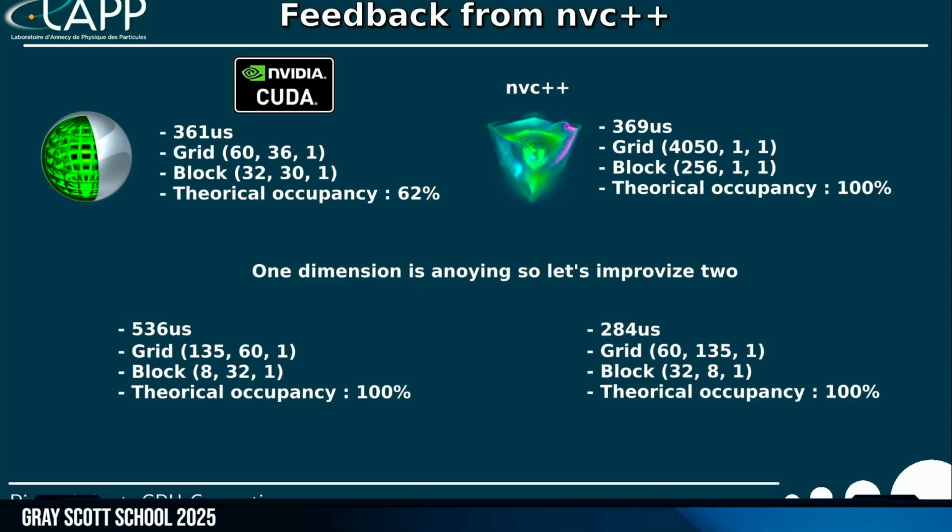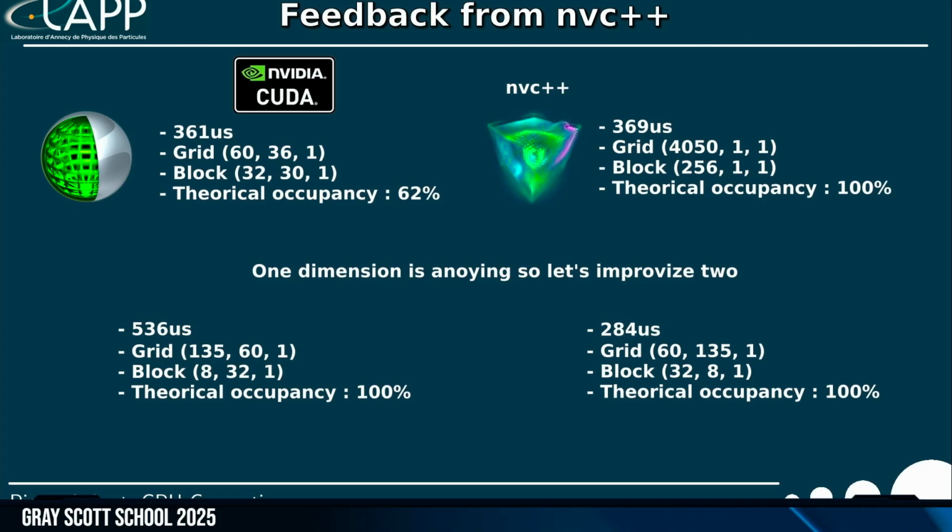So generally, I use NVC++ like this. I try to have a block size roughly the size I think is okay. And then I ask NVC++ or Thrust, because they both manage to get the block automatically, and I try to guess why they use this kind of size.